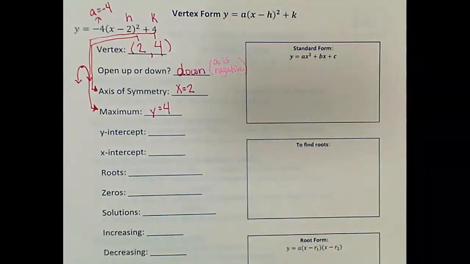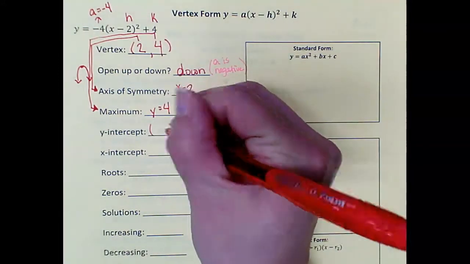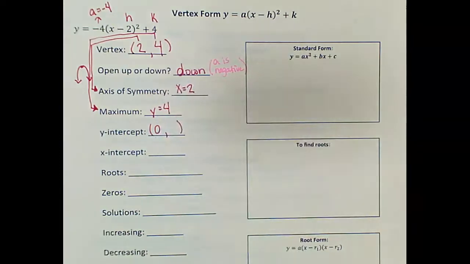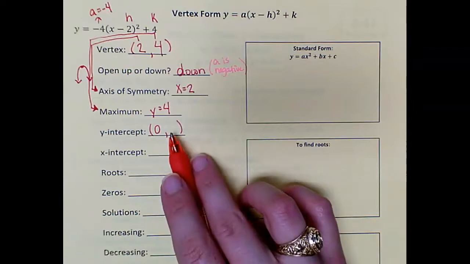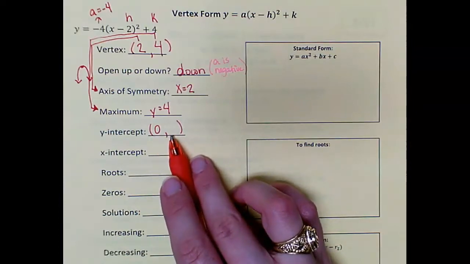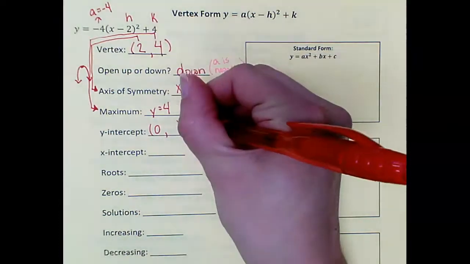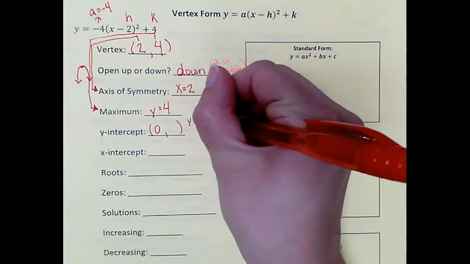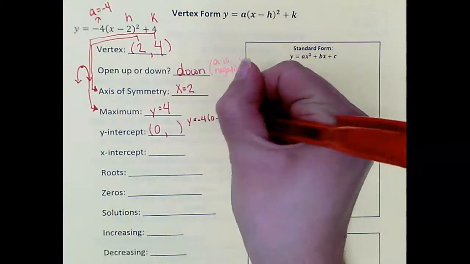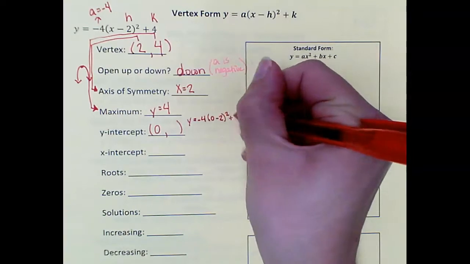I want to find my y-intercept. Remember, the y-intercept is located where x equals 0. And we've talked a lot about how when you have an x value and an equation, you can substitute that x value for x, and you can find the corresponding y value to complete that ordered pair. So that's what I'm going to do here. I have y equals -4 times (0 minus 2) squared plus 4.